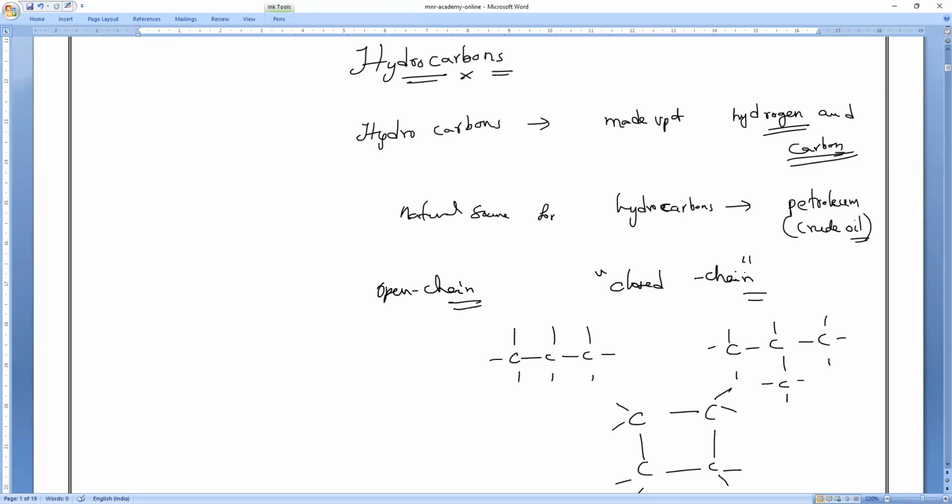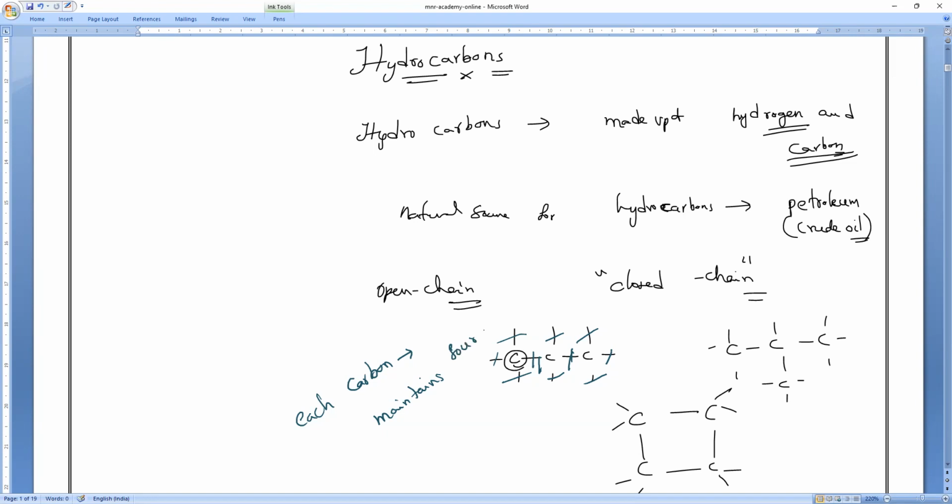Keep it in mind, each carbon atom maintains how much valency? Check it, everybody. This carbon, 1, 2, 3, 4. This carbon, 1, 2, 3, 4. What is the valency of carbon? 4.